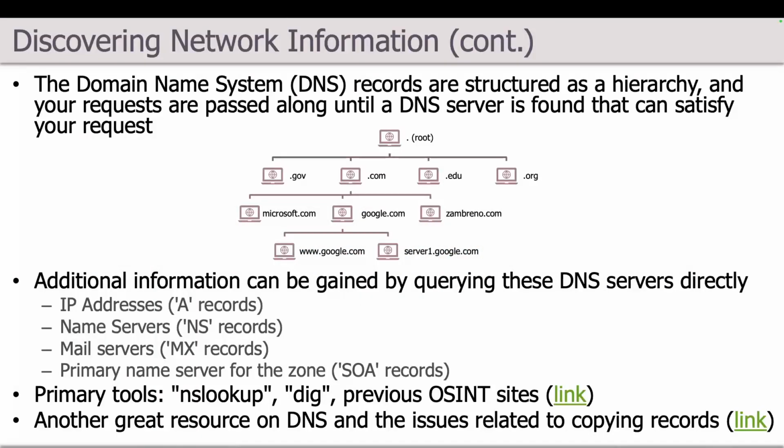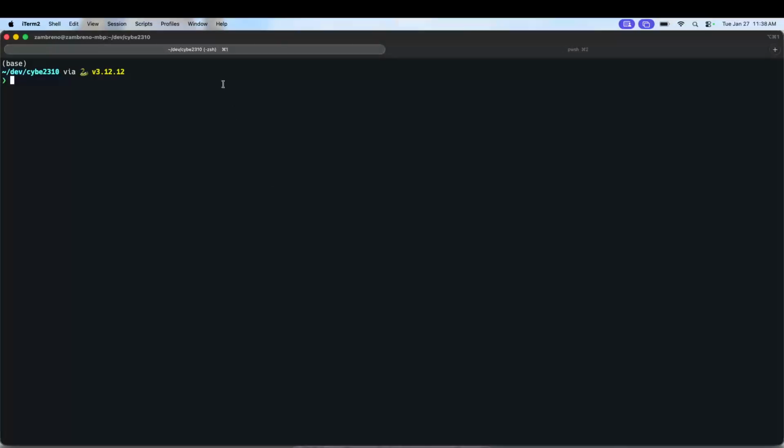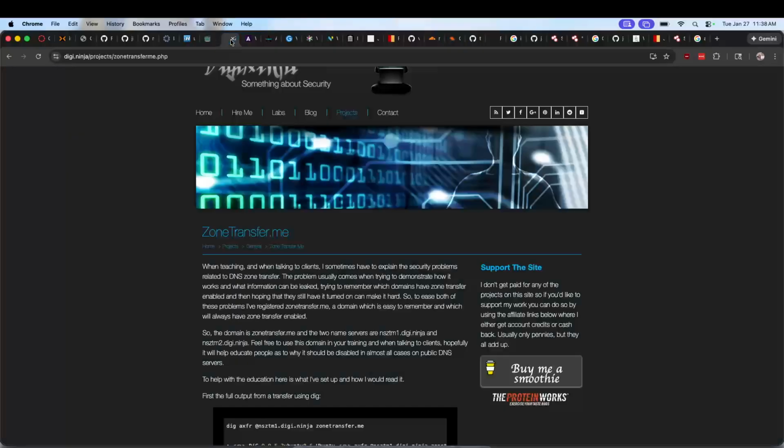Another great resource on DNS and the issues related to copying records is called zonetransfer.me. It's really talking about DNS zone transfer, the mechanism by which we use a query type AXFR, and you can use that same dig command.